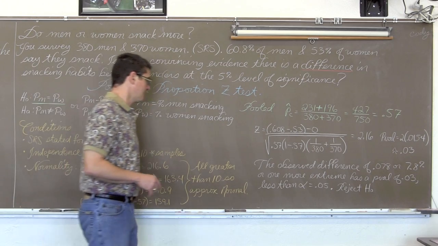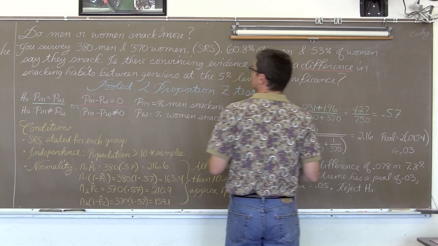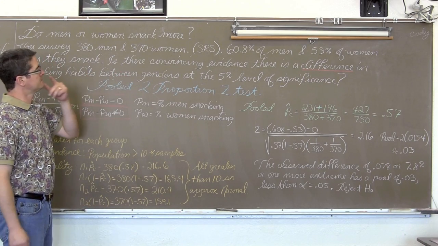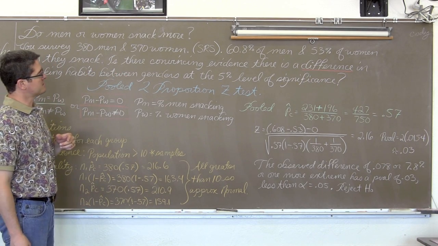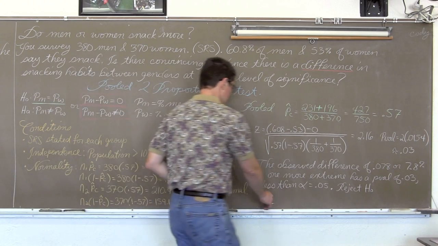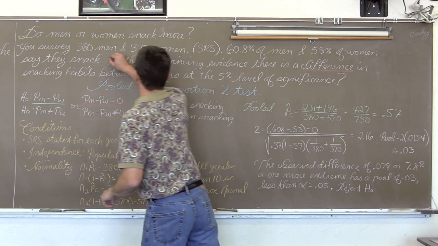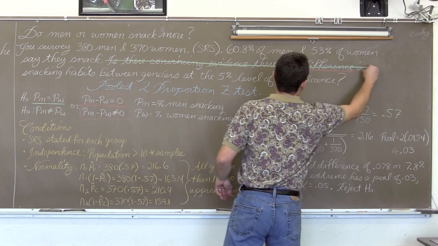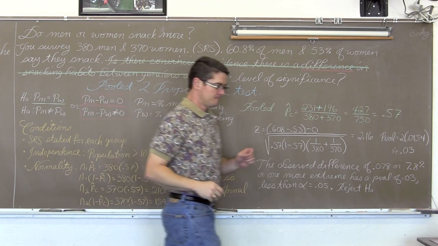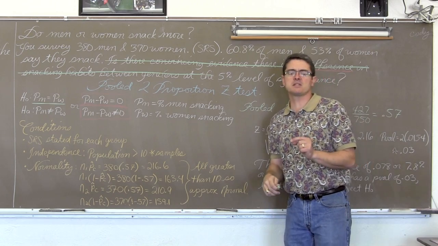Now, before we're done, what if this said, well, I don't want to erase this, it will take too long, but what if it said, is there evidence that men snack more? So let's just change this for a minute. Instead of this statement, I said, is there evidence that men snack more than women?